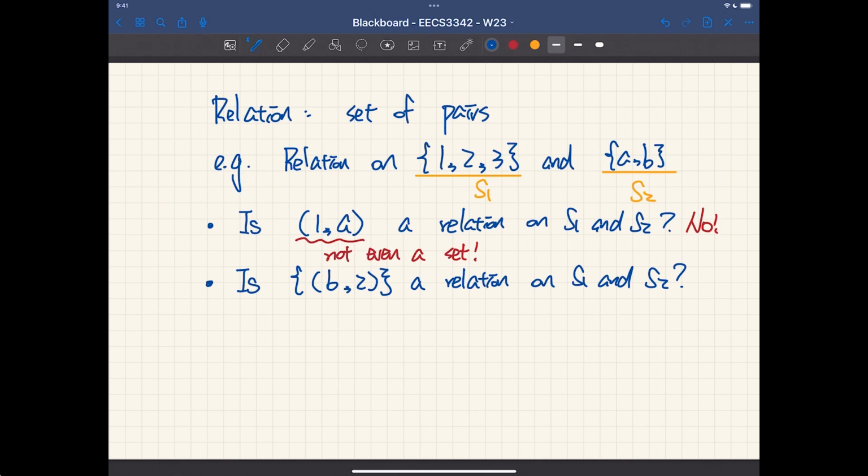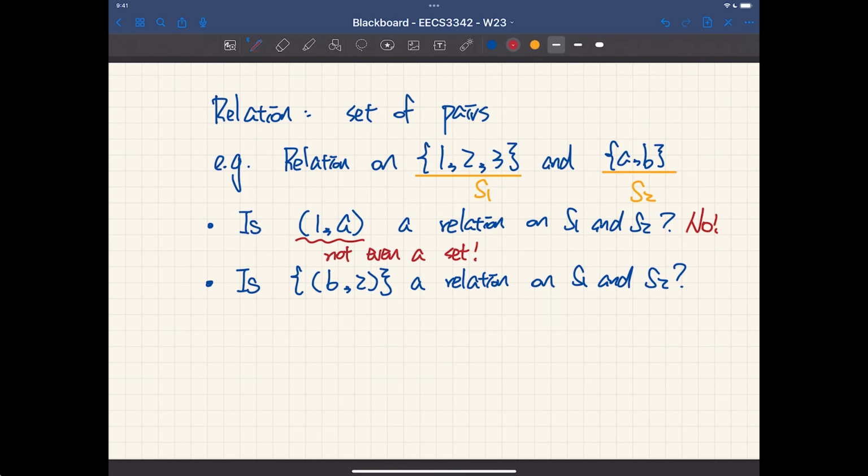Here, when we say it's a relation on S1 and also S2, that means implicitly every member in the relation should come from an element drawn from here, for example, followed by another element drawn from here. Somehow I said B and 2. No, not good. The order is wrong.